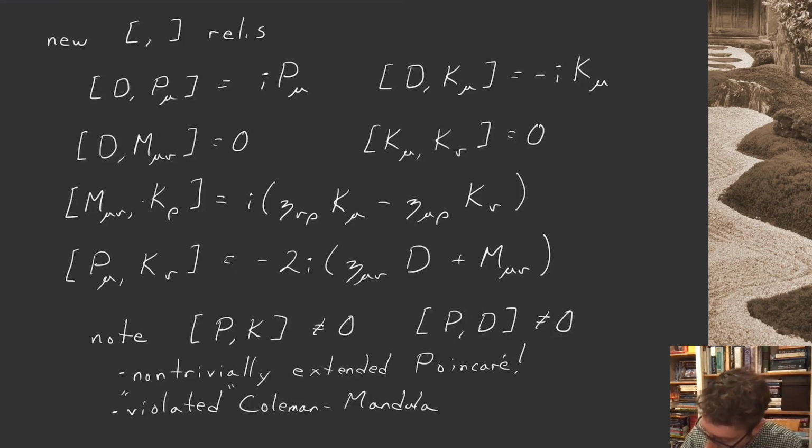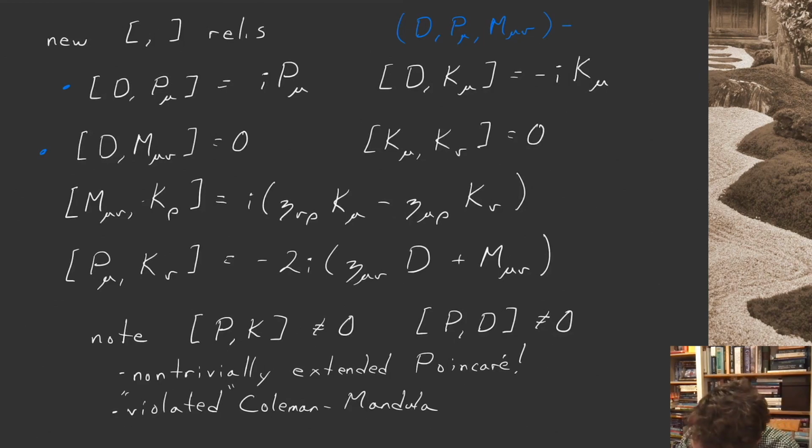I'll point out one thing before flipping the page. If we look just at D, P_mu and M_mu nu, and forget about the K's, we see we have a closed algebra. If we just look at the commutators that involve D and P and M, that would be this one, and I guess that's it, right? All the other ones have K. I'm not generating K with these commutation relations.